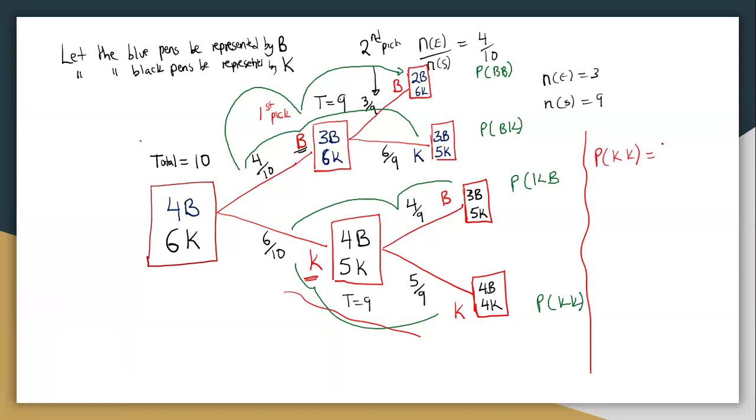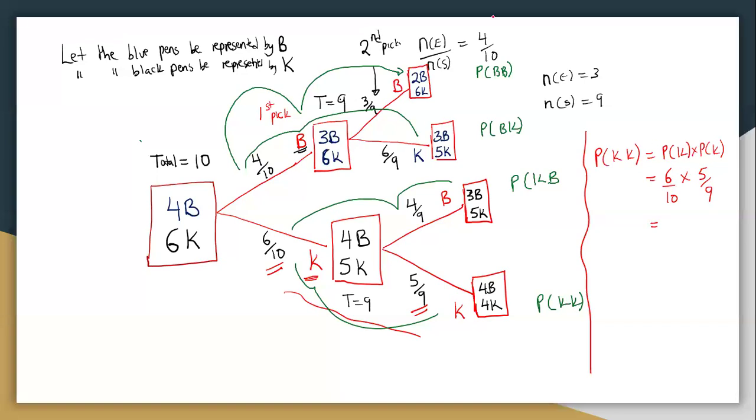Now I want you to know, whenever it comes to the branches, since we have said they're independent, KK means that we shall have the probability of the first K times the probability of the second K. Remember what we talked about independent events. So for the first K, our probability was 6 out of 10 times the second probability of K, which is 5 out of 9. You can notice this was 6 out of 10, this was 5 out of 9. Then I'll go on and now multiply.